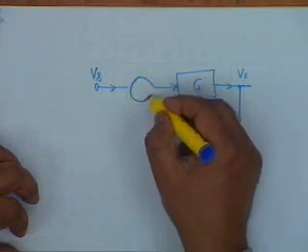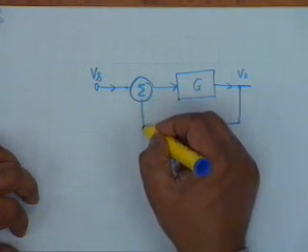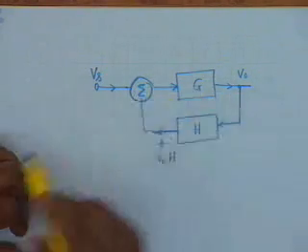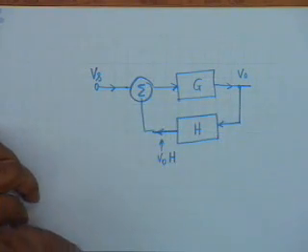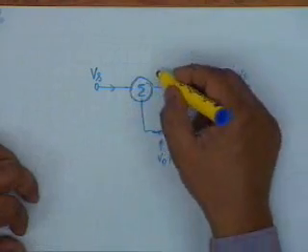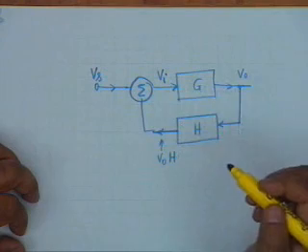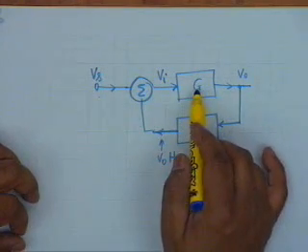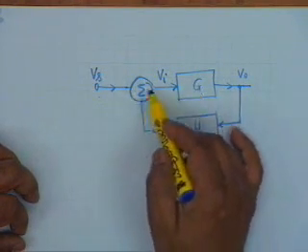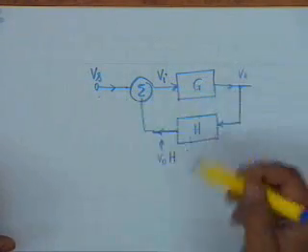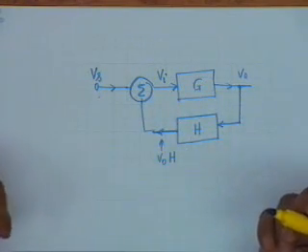What we do is we simply add the two inputs in a block called a summer. We add Vs and V0H, and this is the actual input to the amplifier. Before Vs comes to the amplifier, we mix it with a part of the output, and this is called a feedback circuit.